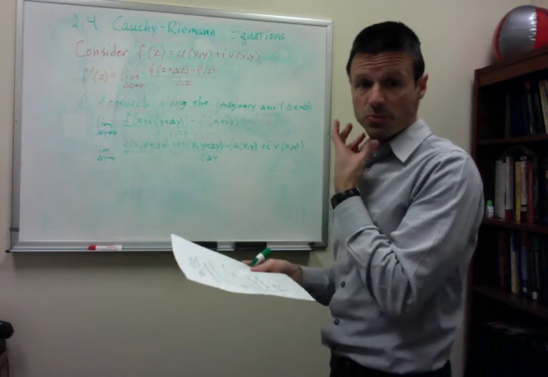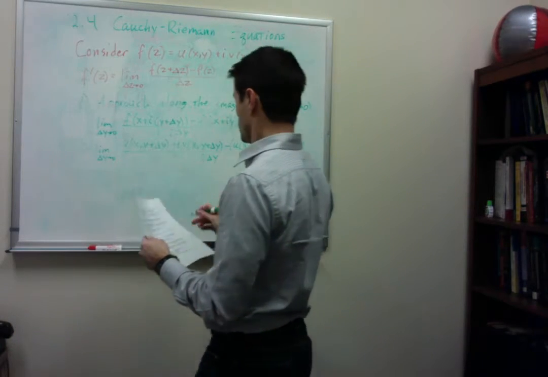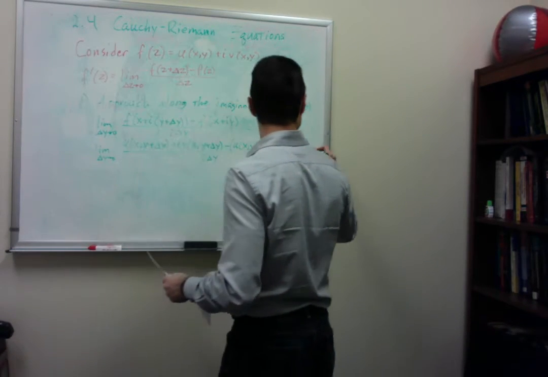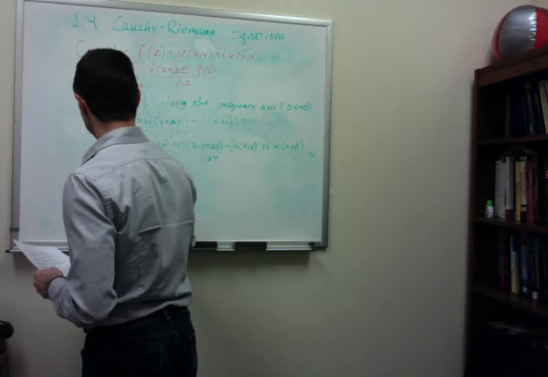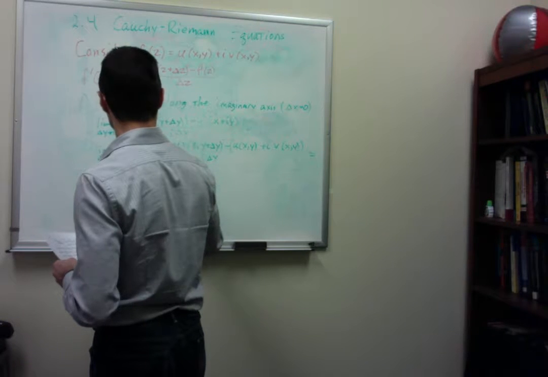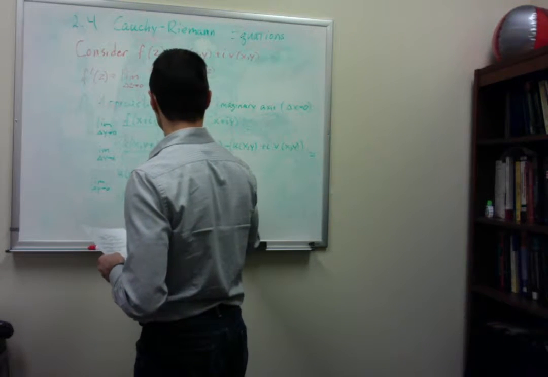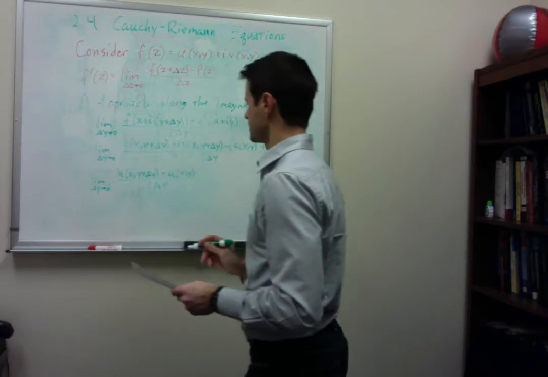And we do the same as we did previously. We split this up into real part, imaginary part. And so that leads to the limit as delta y goes to 0 of u of x, y plus delta y minus u of x, y. This is all divided by i delta y. And that's one limit.